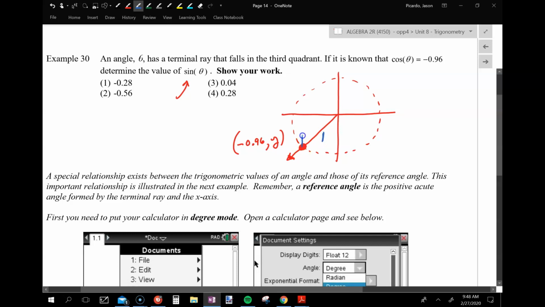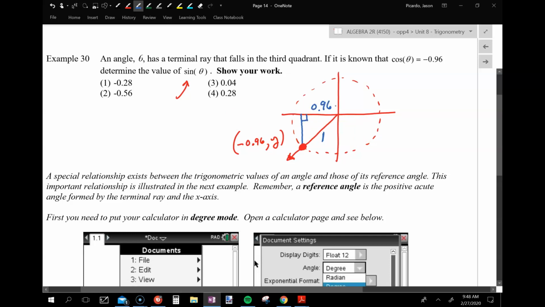Now, if I drop down here and create my right angle, I actually get a really, really important piece of information. What do I know about getting to this point? To get to that point, I have to go left how much? -0.96. Well, doesn't that tell me how long this piece is? Yeah, that's 0.96.